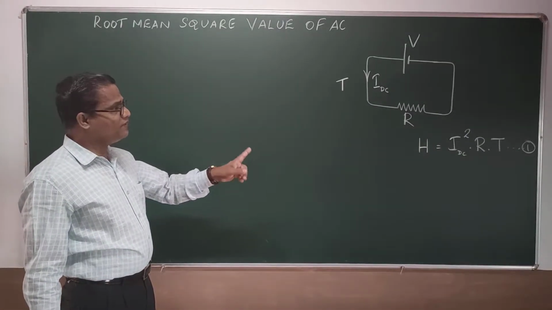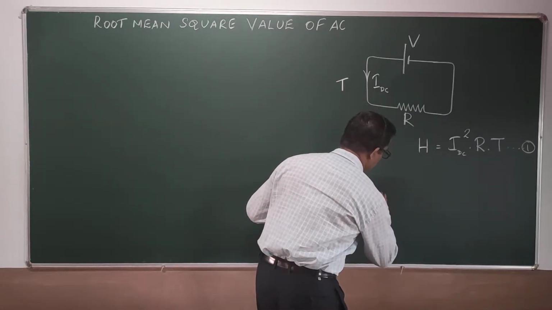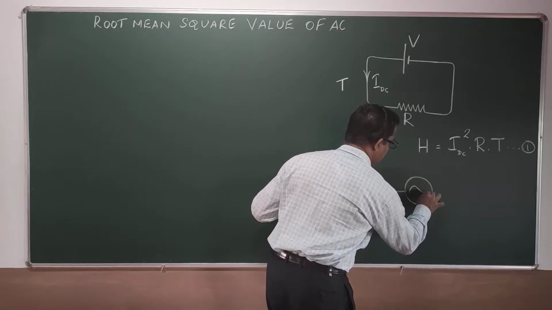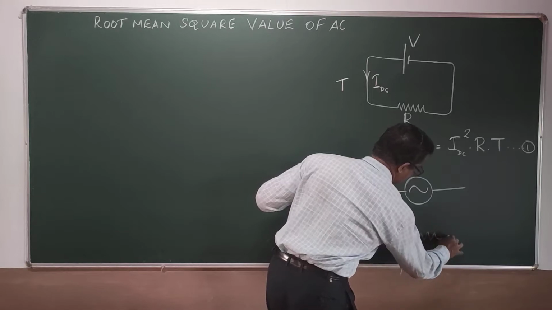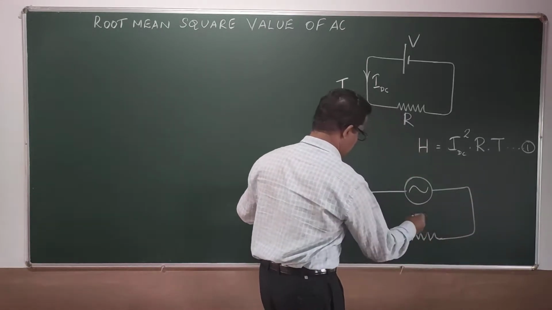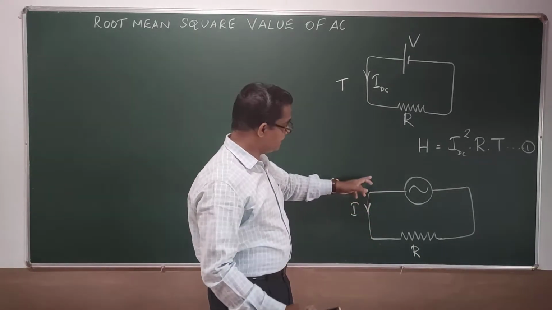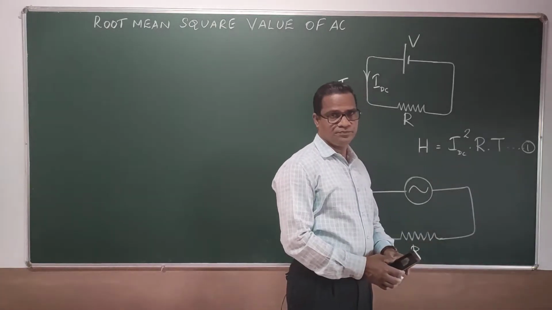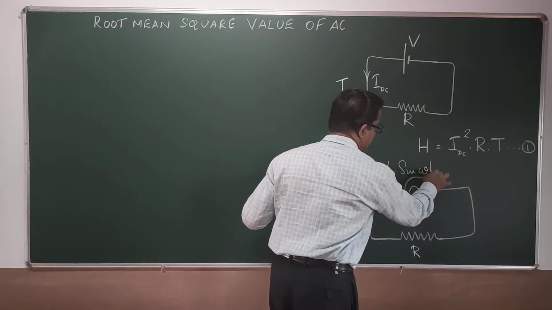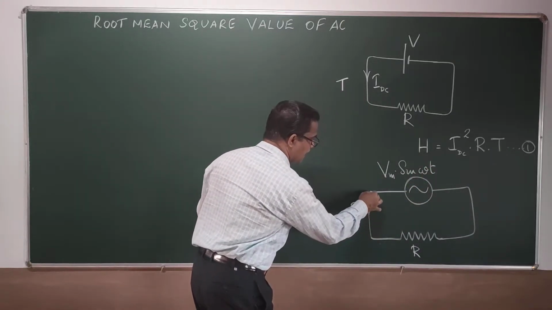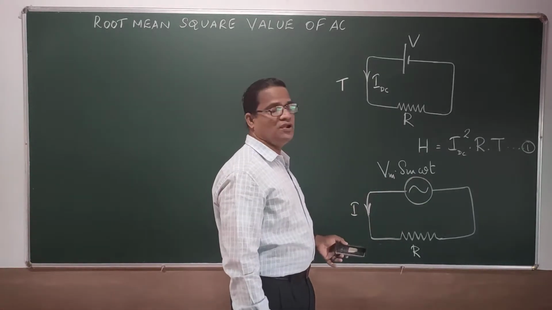Now, if I take the same resistance and the same time duration, and send an AC through it, where I is the instantaneous value of AC flowing through it, then here the source will be Vm sine omega t, and therefore the current I will also be varying according to this sine waveform.